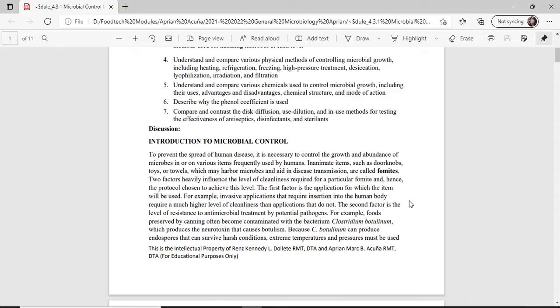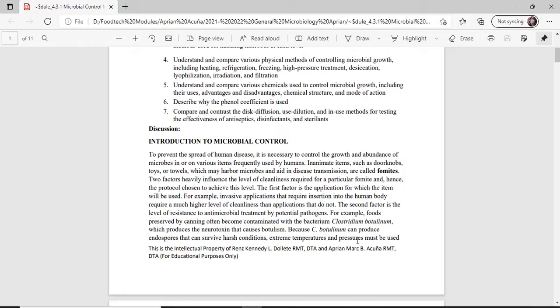For example, food preserved by canning often becomes contaminated with the bacterium Clostridium botulinum, which produces a neurotoxin that causes botulism. Because of C. botulinum, okay, ang C, di ba may mga shortcut kita sa aton nga naming or sa aton nga taxonomy, sa aton bacteria have your C. botulinum.